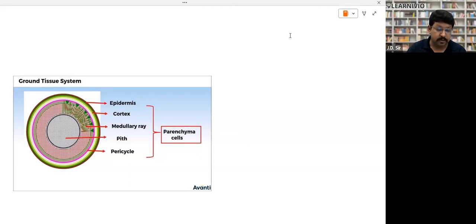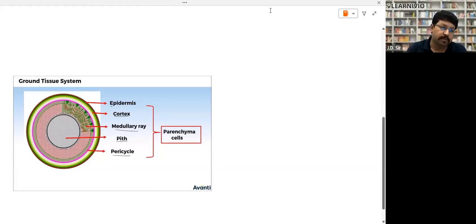So the epidermis is not part of the ground tissue system. That is a part of the epidermal system. From the cortex onward, the cortex is a part of ground tissue. Medullary rays, these ray-like green structures, are part of ground tissue. Pith is part of ground tissue. Pericycle is part of ground tissue.